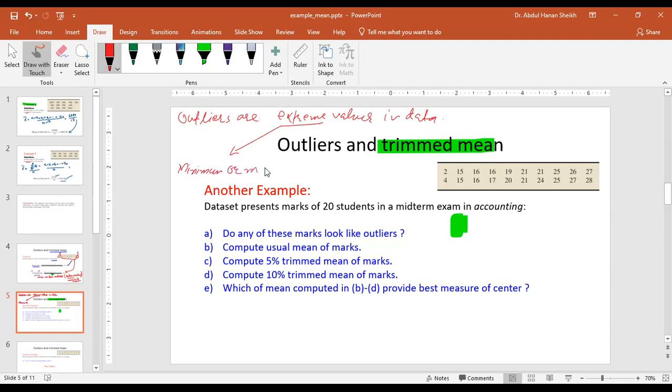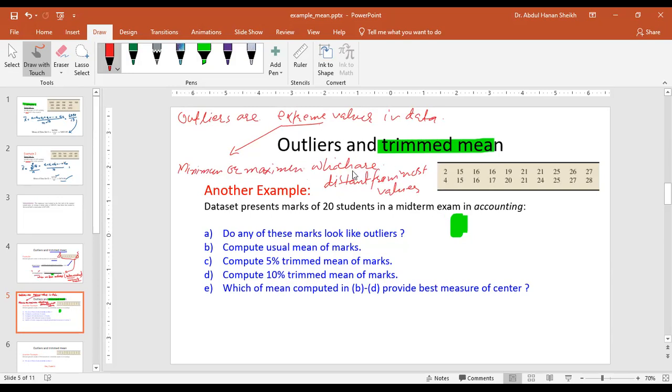Minimum or maximum, which are basically distant from most values. Now you understand this one: minimum or maximum values which are distant, which are away from most values, the rest of all the values.